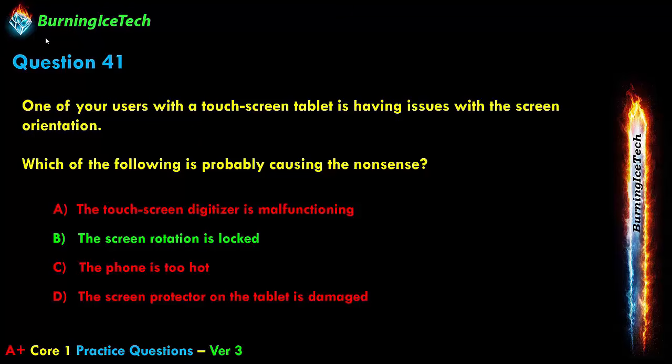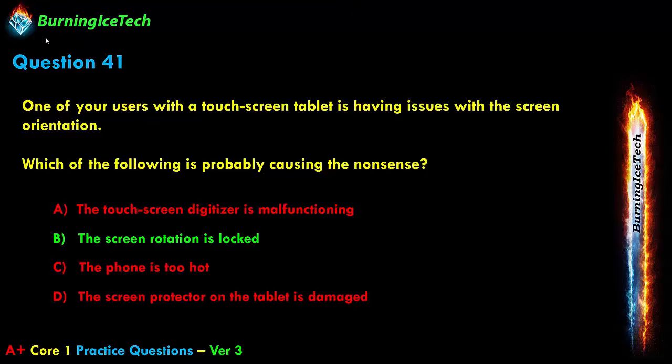So if you are lying on your side, perhaps in bed, then you might want to lock the screen rotation so that the phone does not auto-rotate as soon as it detects that you are moving the screen in that position. So yes, the answer is screen rotation is locked, folks. Answer C, the phone is too hot. Really? No. Guys, if a phone gets too hot, it'll either turn off, or restart, or it just becomes non-responsive.